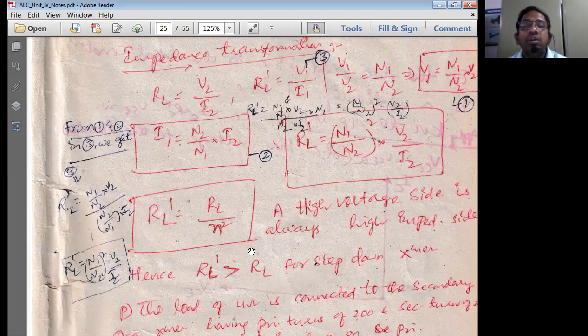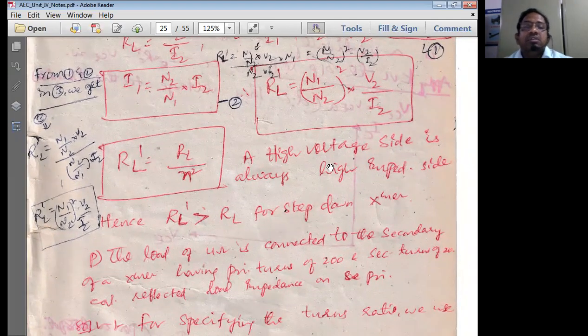Therefore RL dash we can write with N2 by N1 as N. Taking this factor in the denominator, RL dash is equal to RL by N square. That means a high voltage side is always a high impedance side. Since RL dash would be greater than RL for a step down transformer, right?